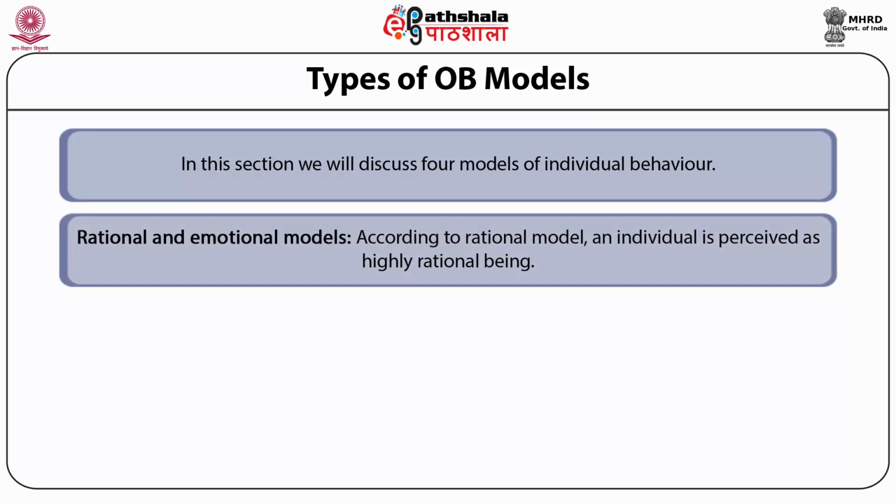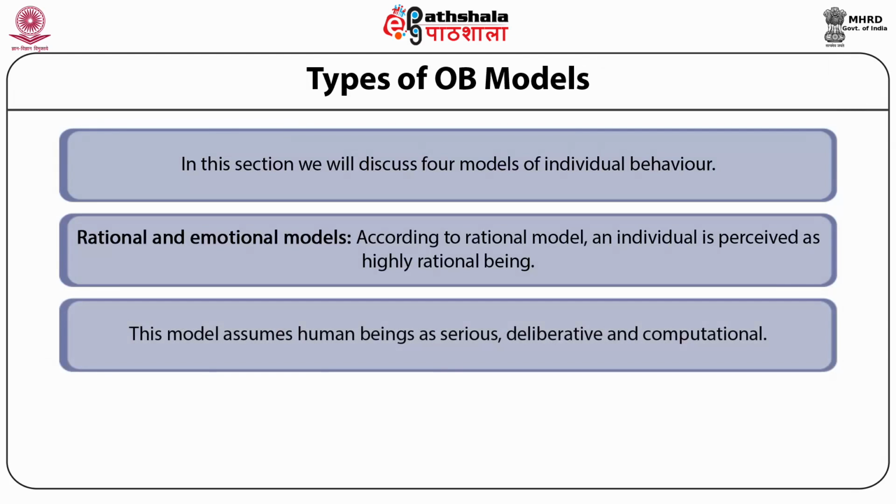Rational and emotional models. According to rational model, an individual is perceived as highly rational being. Whenever he comes across some problem, the individual is expected to collect all relevant information, analyze it, and then take a final decision.